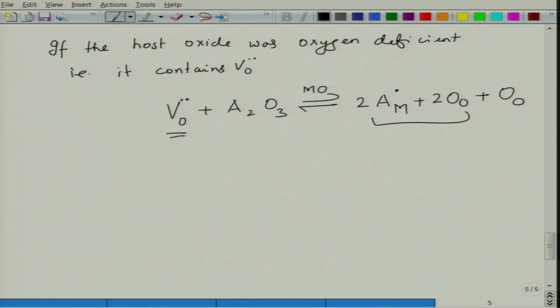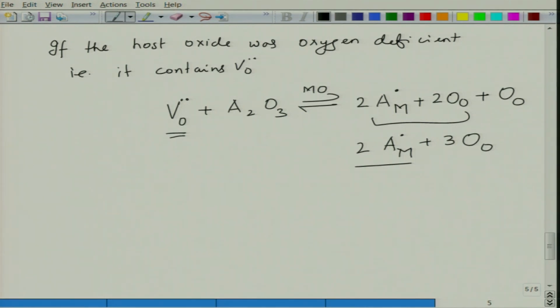Site balance is there because you have two metal sites, and one of the oxygen sites is compensated by this site, and for the two metal sites you have two metal sites. Okay. So, site balance, mass balance, and charge balance is there. All right.